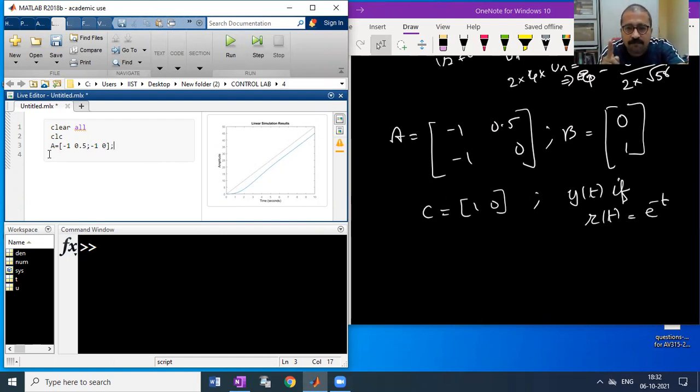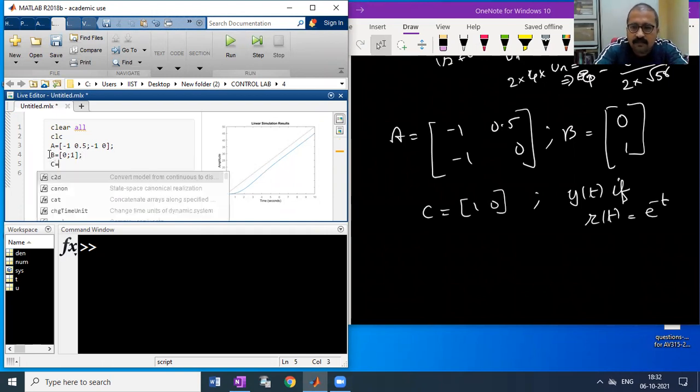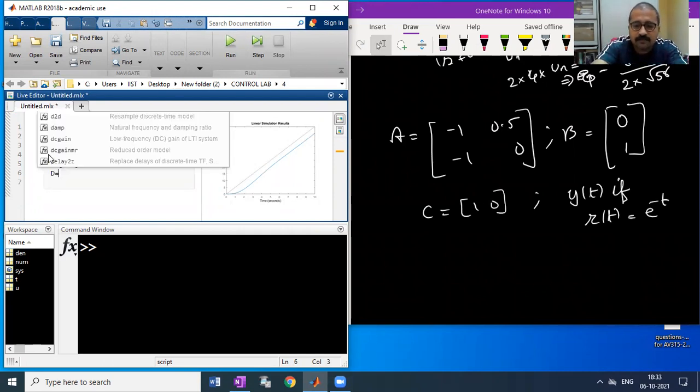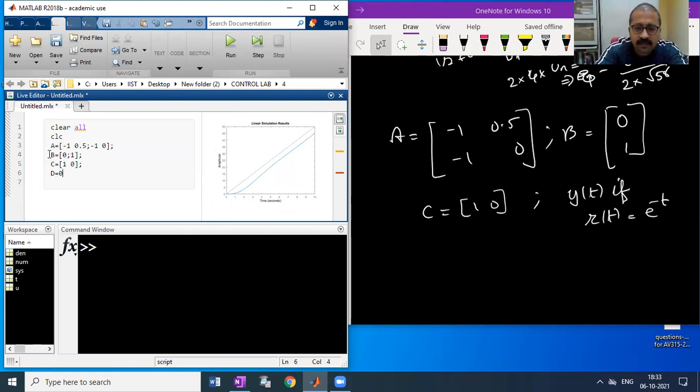B is a column vector 0 semicolon 1. C is 1 space 0. And of course D is not given, so you can take D to be equal to 0. So we have defined our system.